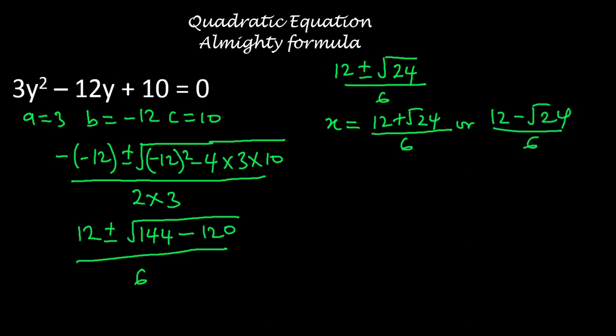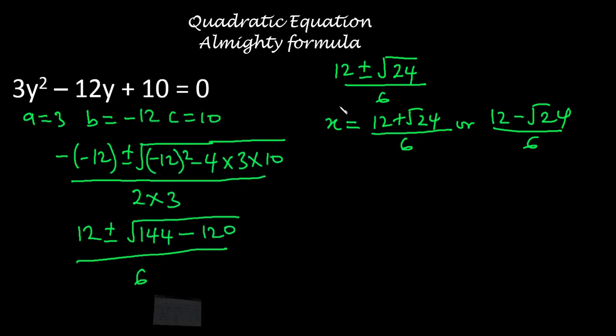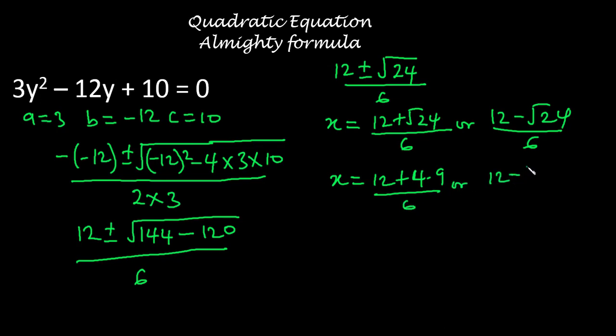So what is root 24? Let me show. The square root of 24 is 4.89, so we can just say 4.9. So our x is equal to 12 plus 4.9 over 6, or 12 minus 4.9 over 6.